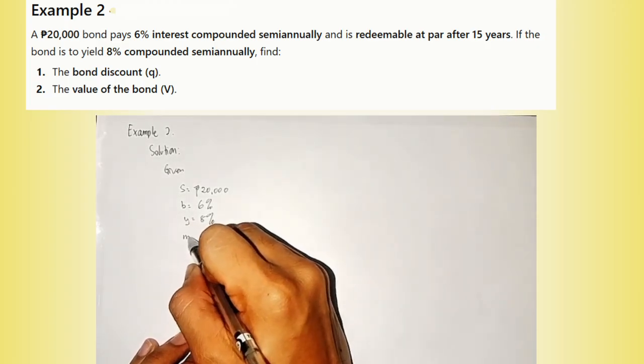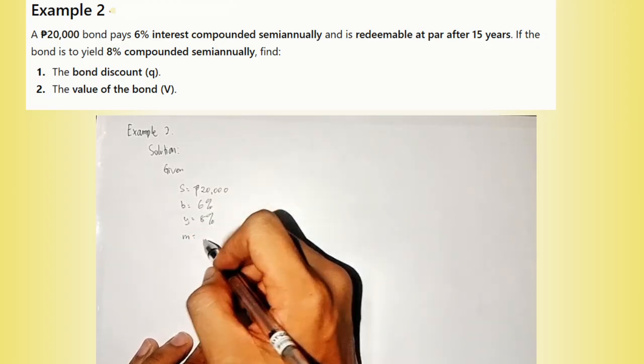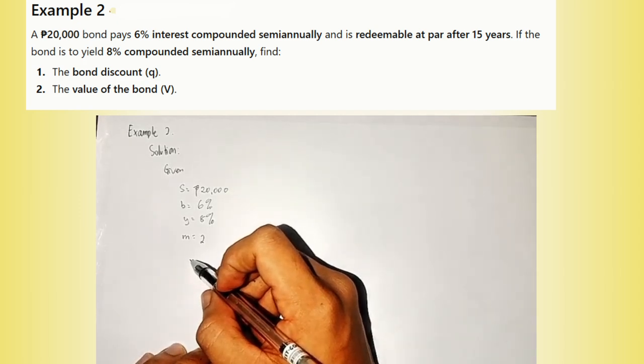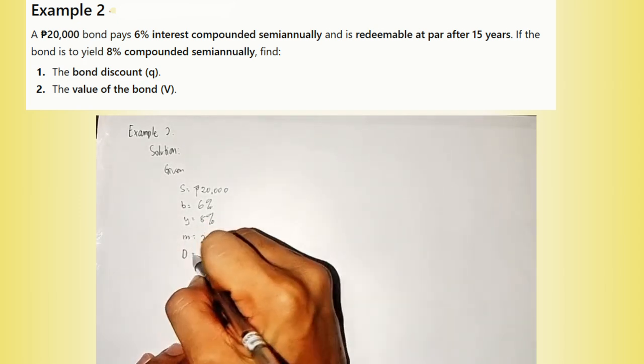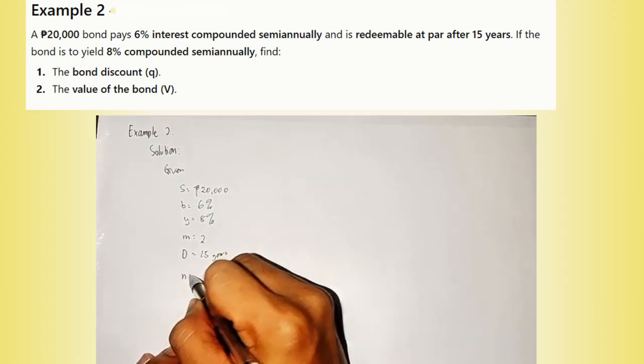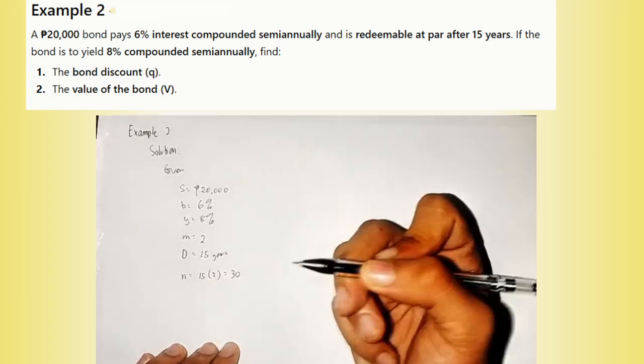Since it is compounded semi-annually, M is 2. Redeemable at par after 15 years, so D is equal to 15 years. Basically, our N is 15 times 2, so 30.